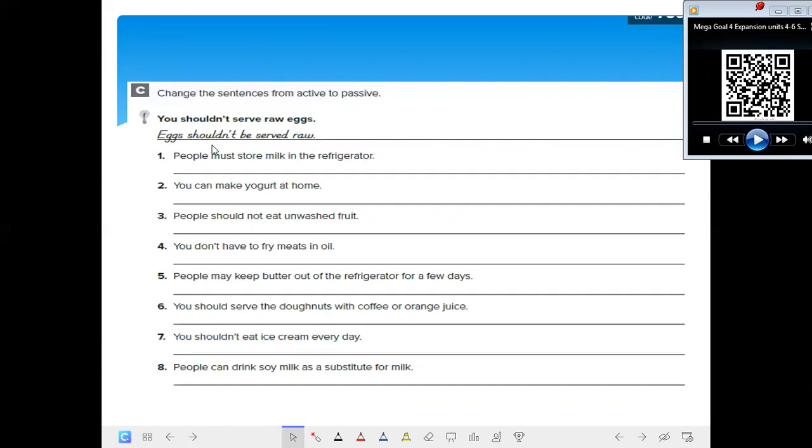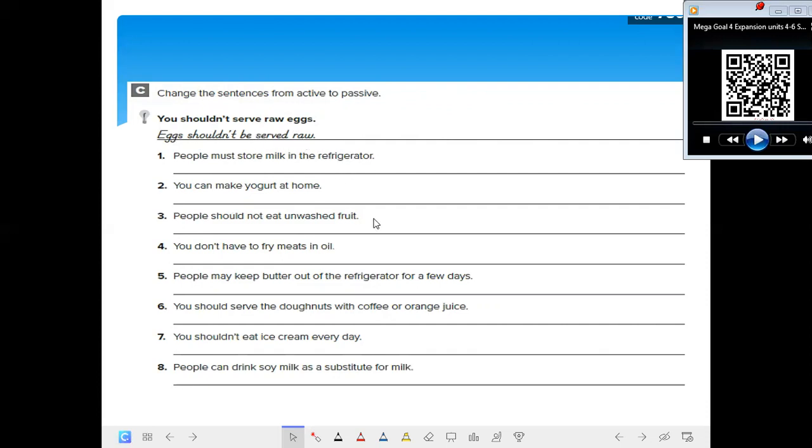Then we have to put be and the past participle and complete the sentence. For the first example, you shouldn't serve raw eggs, the answer is eggs shouldn't be served raw.